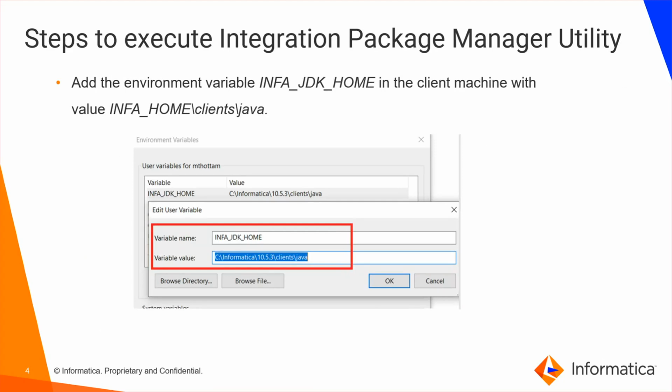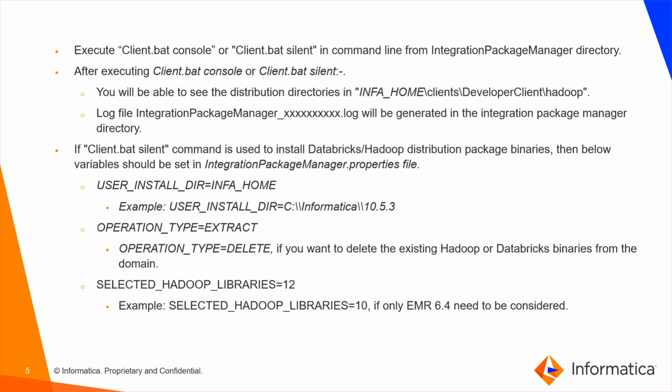Now let us see the steps to execute Integration Package Manager utility. Add the environment variable infra.jdk home in the client machine with value infra home clients Java. Execute client.bat console or client.bat silent in command line from Integration Package Manager directory.